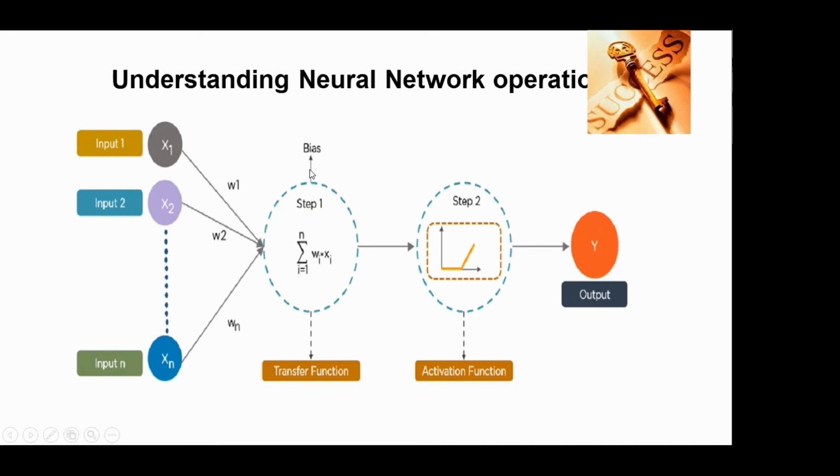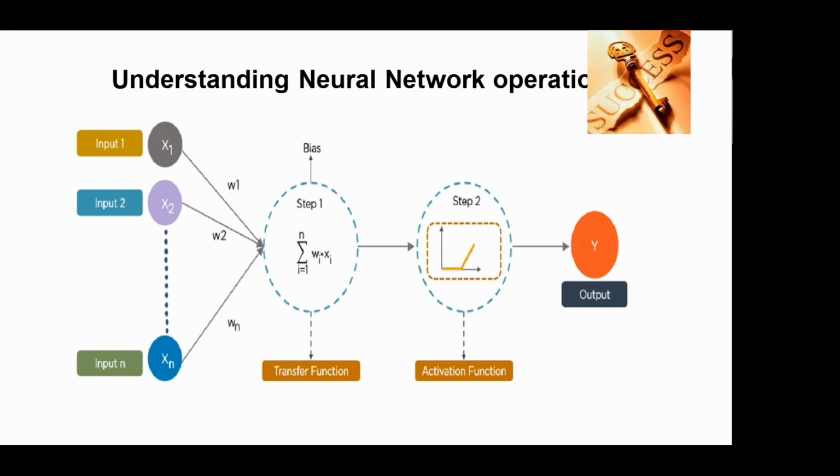Suppose this is the computation for the first node of the hidden layer. Similar computation will be done for the second node and third node of the hidden layer. So a mathematical expression will be executed on each node of the hidden layer.